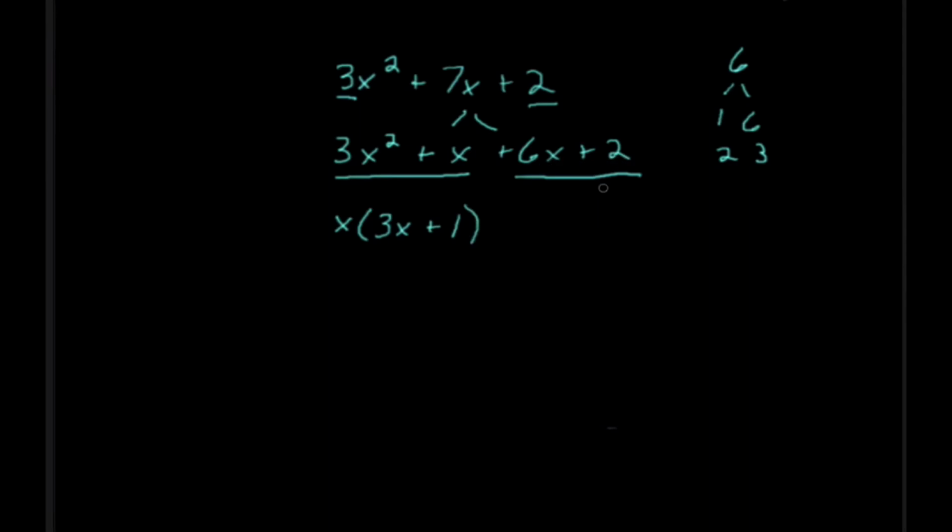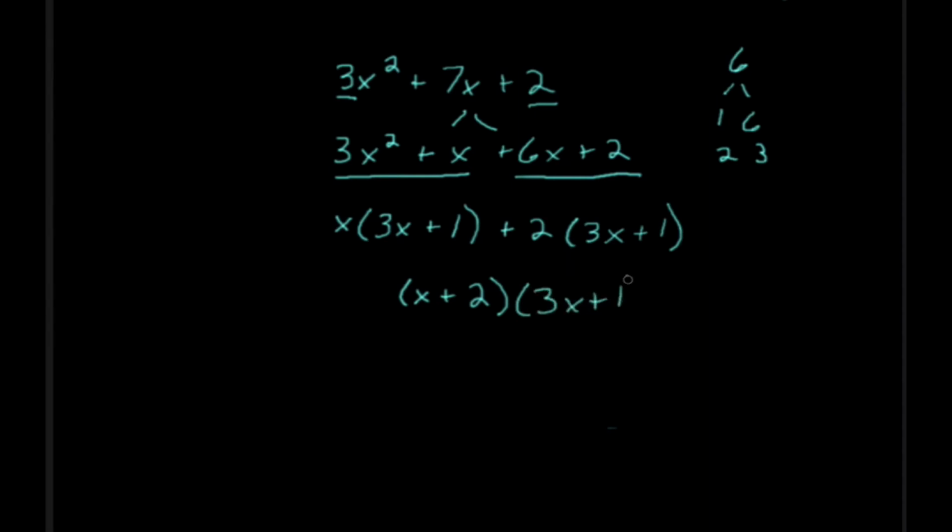Here, 6x and 2 both share a 2, and that'll leave us with 3x and 1. And notice, we are left with the same expression in the parentheses. So x and 2, both multiplied by 3x plus 1, can be rewritten as x and 2, both multiplied by 3x and 1.